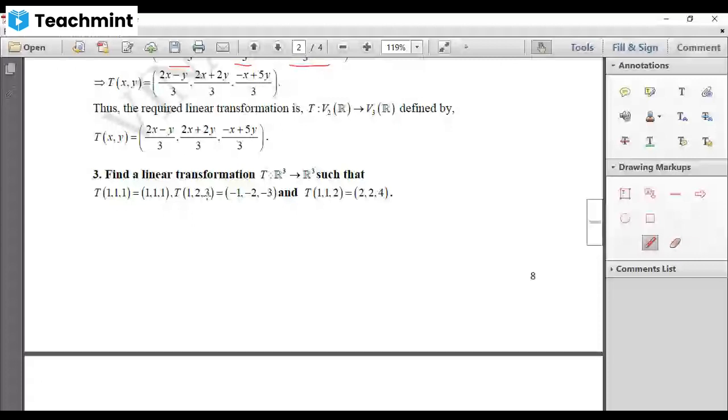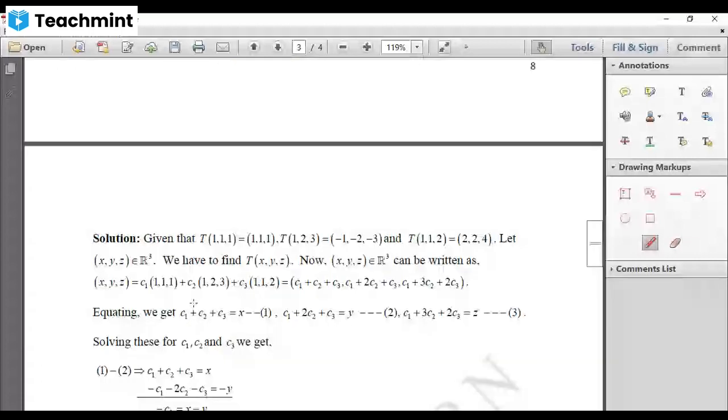Now let us take a general element in R3, which is of the form ordered triplet (x, y, z). Then we have to express (x, y, z) as a linear combination of (1, 1, 1), (1, 2, 3), and (1, 1, 2). So let us write that. Your ordered triplet (x, y, z) equals C1 of (1, 1, 1) plus C2 of (1, 2, 3) plus C3 of this, so that we can find T of (x, y, z).